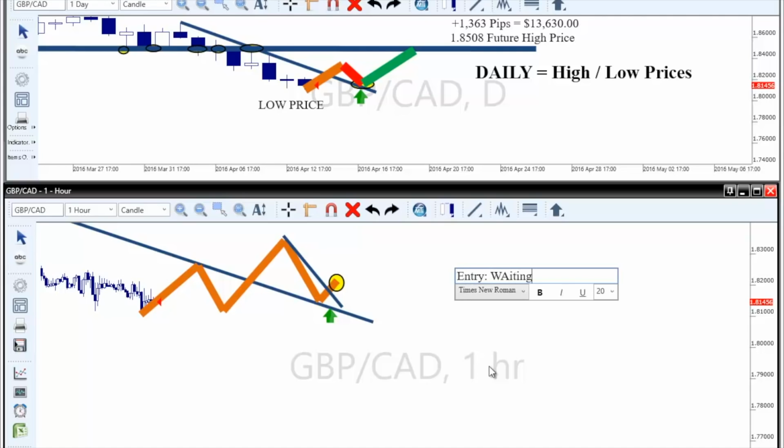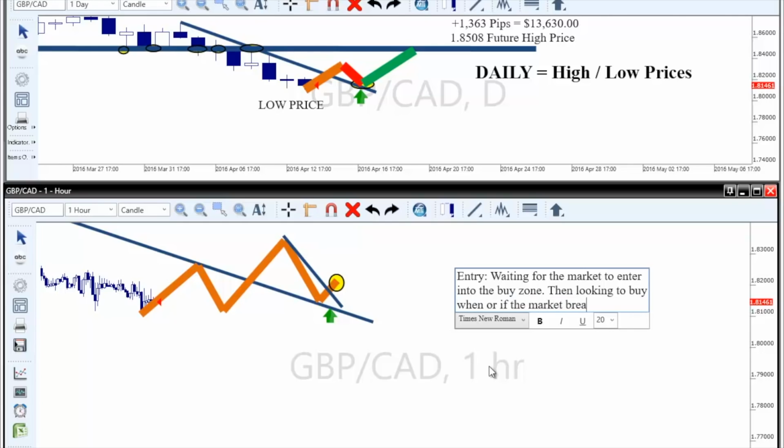Entry, waiting for the market to enter into the buy zone. Then looking to buy when or if the market breaks and closes above the counter trend line bullish.